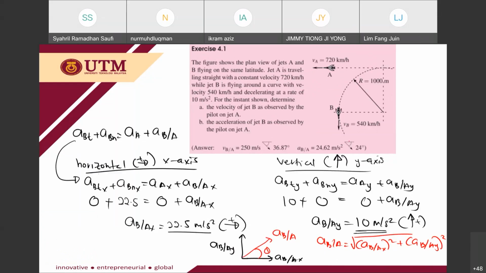Yes, correct. This angle is wrong. It should be this direction. So theta is equal to tangent inverse of acceleration of B relative to A y over acceleration of B relative to A x. Then you get your angle and magnitude.